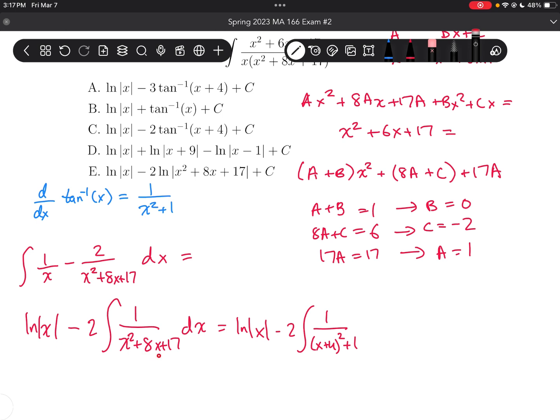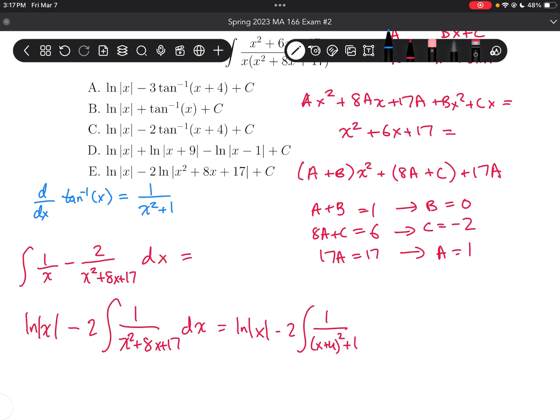Then I take the second term, divide it by 2, and divide it by the coefficient of the first term. So I have x plus 4 squared plus 1. You'll see that this looks very similar to 1 over x squared plus 1. Instead of x squared, I have x plus 4 squared.